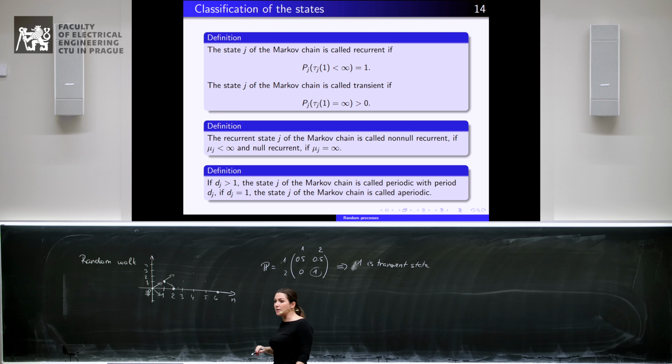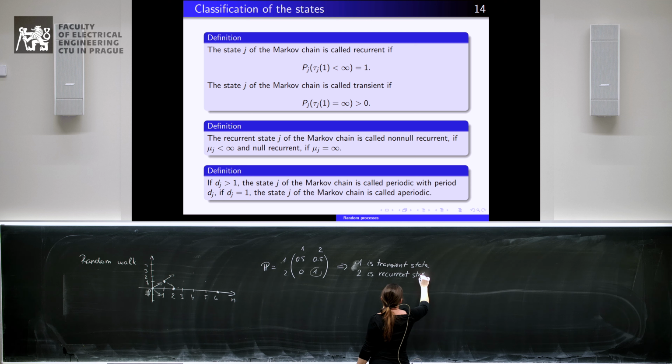While in the case that the probability that we will get back to the state in a finite time is equal to 1, we call the state recurrent.